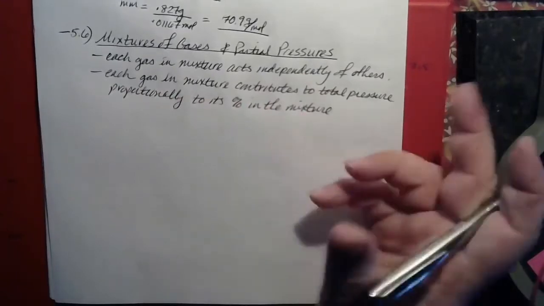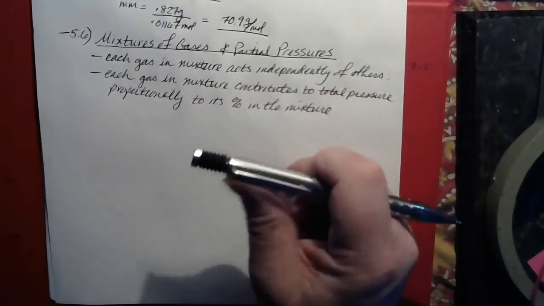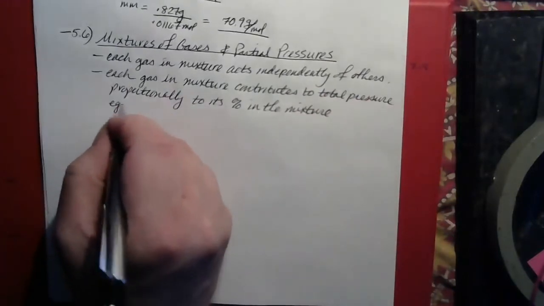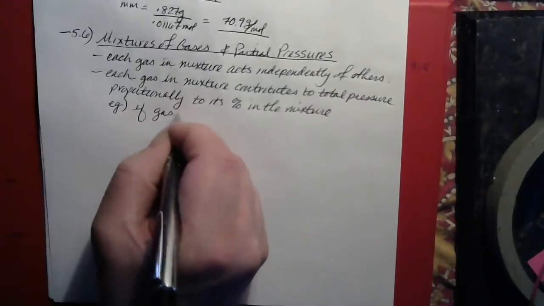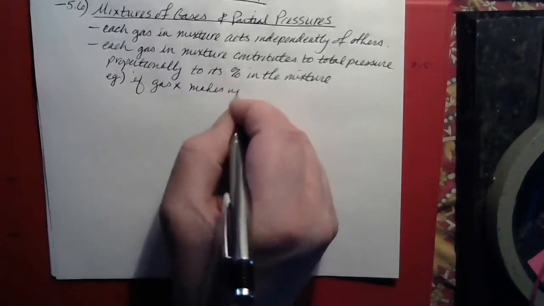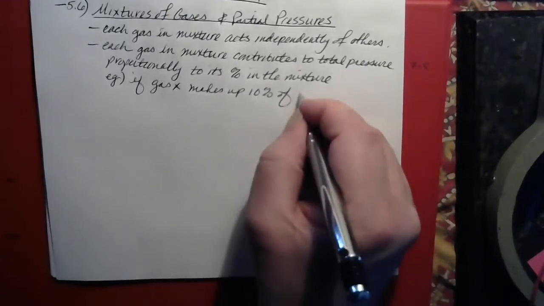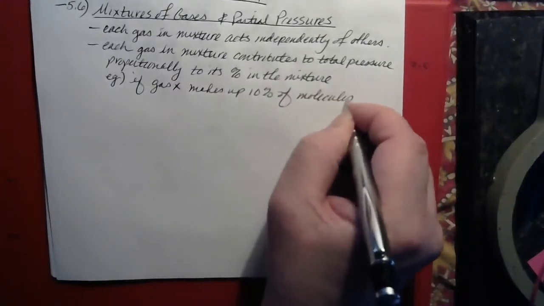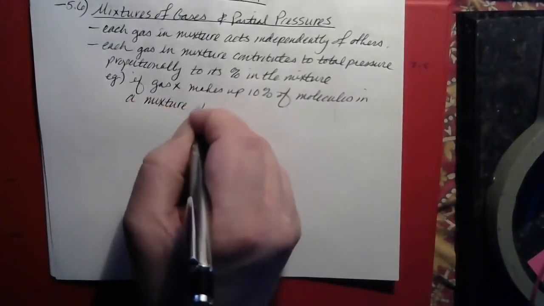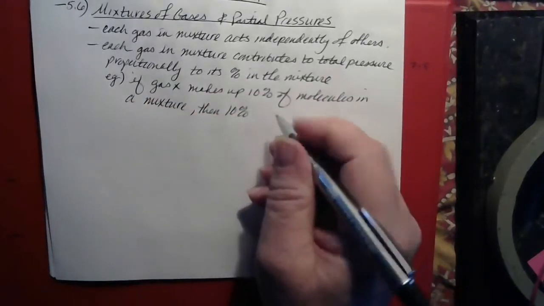So if 10% of the molecules in a mixture are made up of nitrogen, then nitrogen makes up 10% of the overall pressure. So we'll say if gas X makes up 10% of the molecules in a mixture, then 10% of the overall pressure is due to gas X.